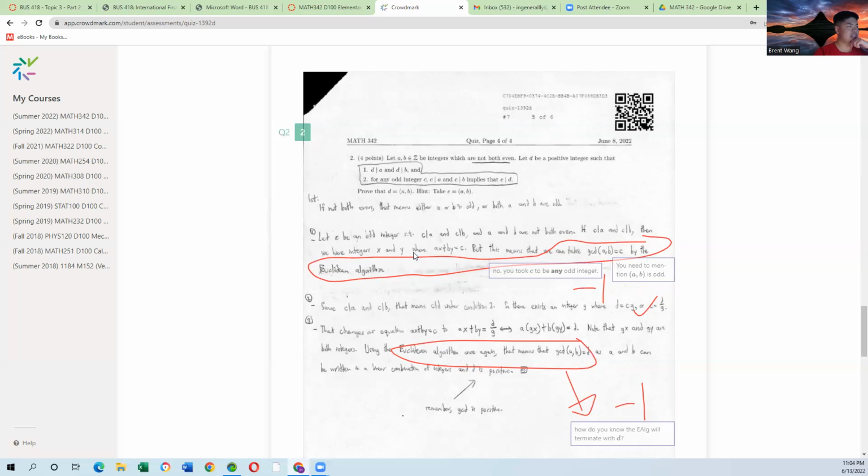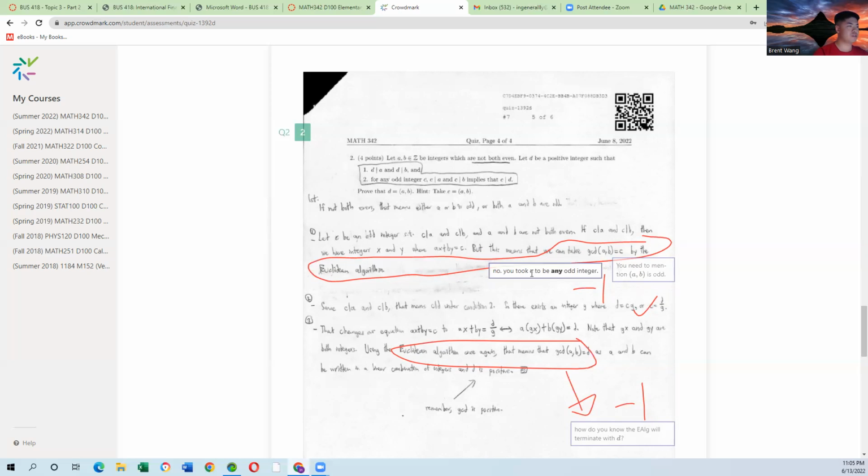integers x and y where ax plus by is c, because it said to take c to be the GCD of a and b. So you can write it as a linear combination, like a Diophantine equation. This means that the GCD of a and b equals c by the Euclidean algorithm.